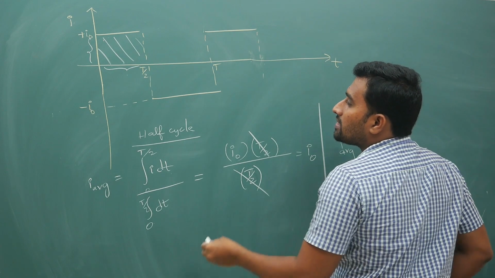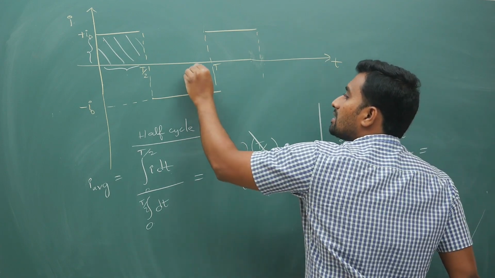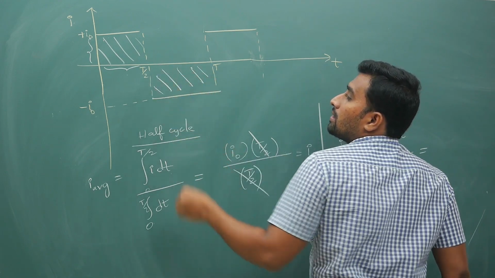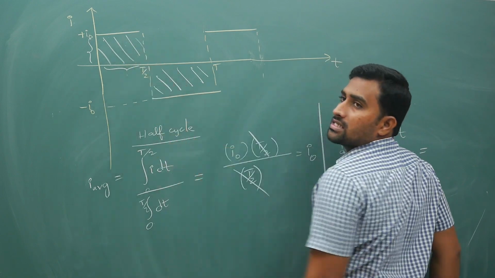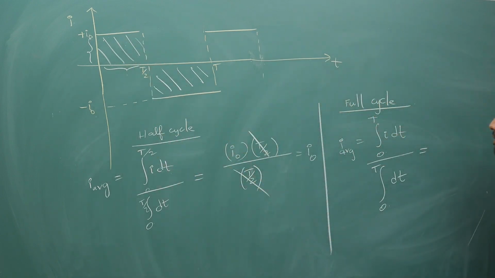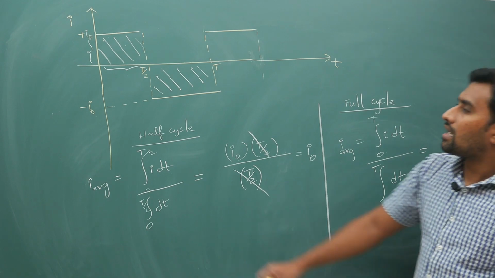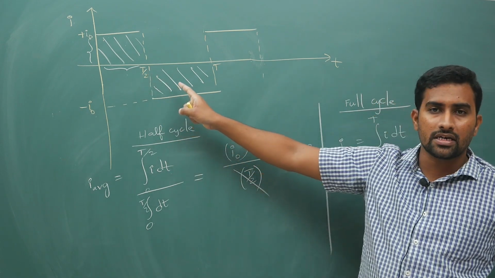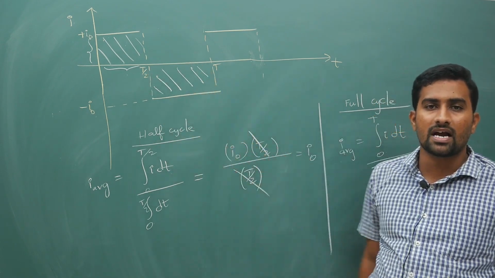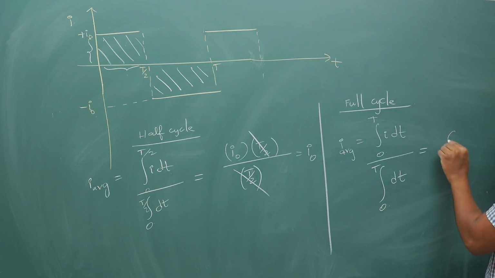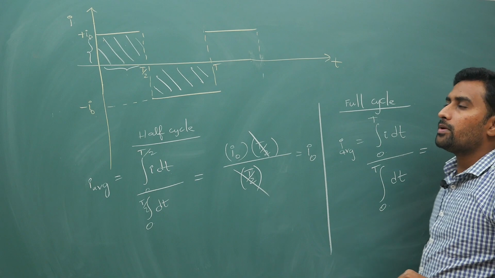For the full cycle you need to consider this area as well. Above the x-axis it is positive, below the x-axis it is negative. So your answer is I naught into T by 2 minus I naught into T by 2, and both cancel off. Your answer is 0. Hope you are getting my point.